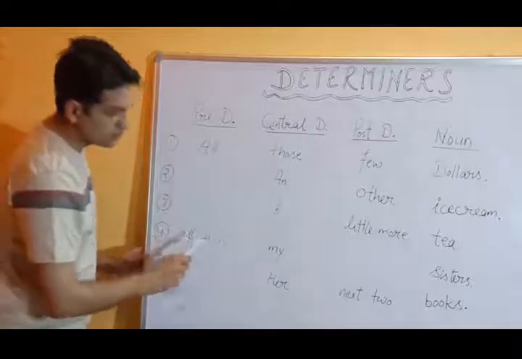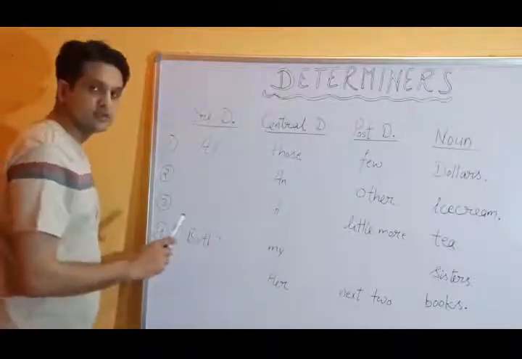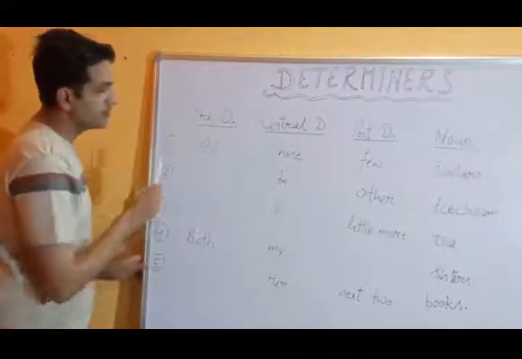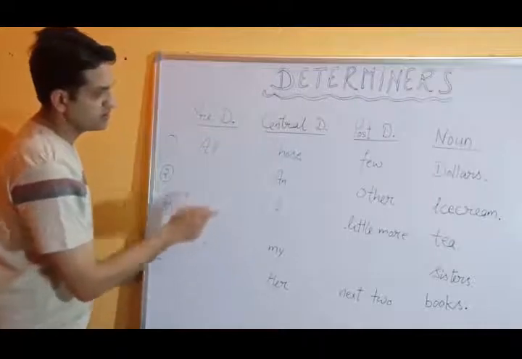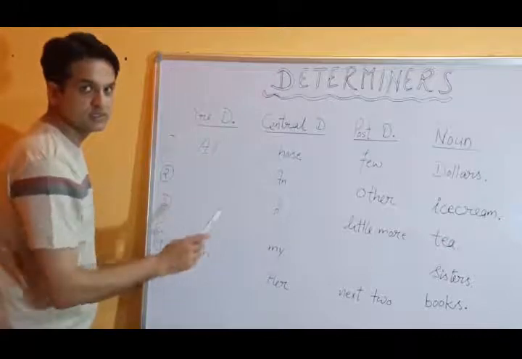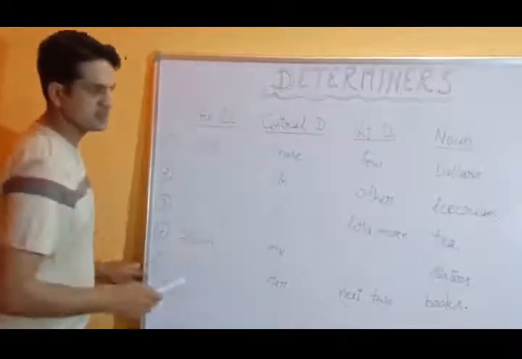Now, both my sisters. Here again there are two determiners but we need to understand their category. Both is a predeterminer, my is a possessive central determiner. In this sentence there is no post determiner. So the position will be both my sisters.